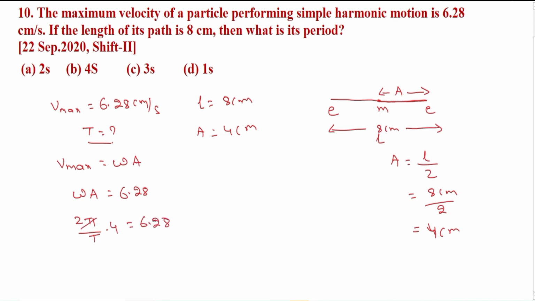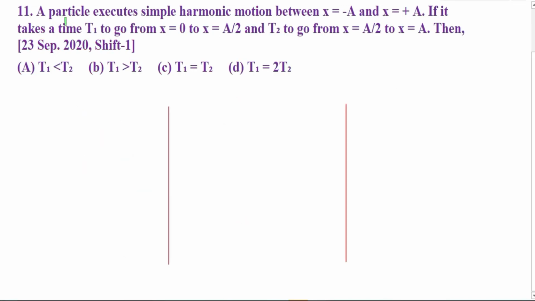This 2 pi and 6.28 will get cancelled. Then 4 by T is equal to 1, that is T is equal to 4 seconds, which is option B in our present sum. Okay, now let us move to our next sum. Our next sum is, a particle executes simple harmonic motion between x equal to minus a and x equal to plus a.